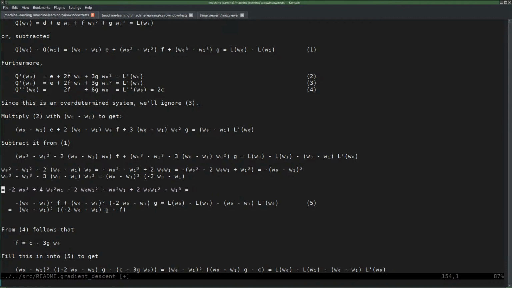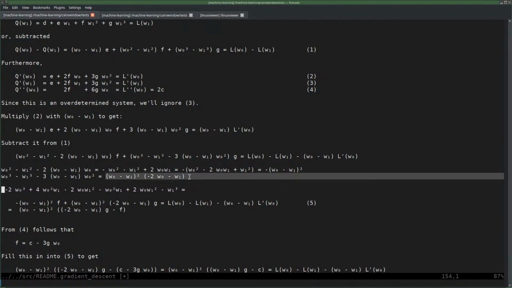Well, this is no longer correct, of course. This is just this expression. That does not look correct. No way I'm getting a W0 to the power 3, right? Oh, there's a power 3 here as well. Never mind.